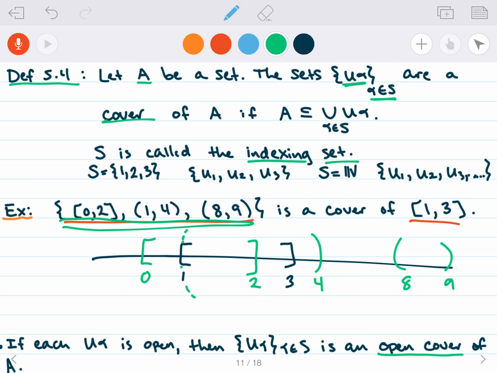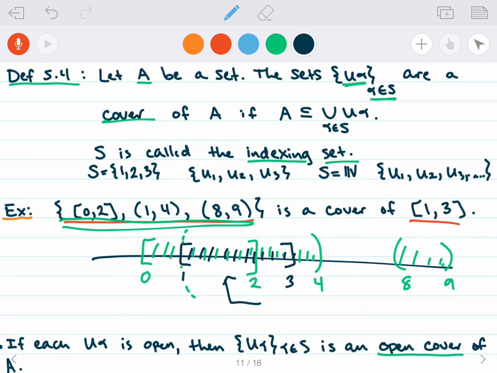So if we look at the union of all of these sets, 0, 2, along with 1, 4, which is all of this stuff, and then all of this stuff, this black, from 1 to 3, is completely covered by the union of those sets. That's why they call it a cover, because it's literally covered.